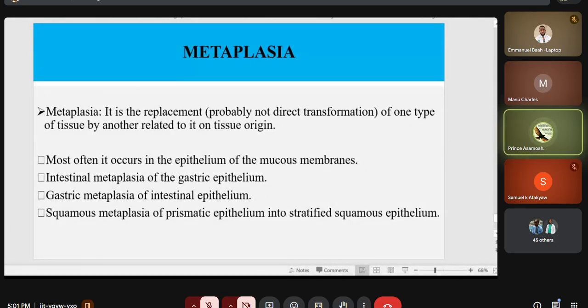Yes. So that is another, this one on its own. It can be classified as a disease condition.